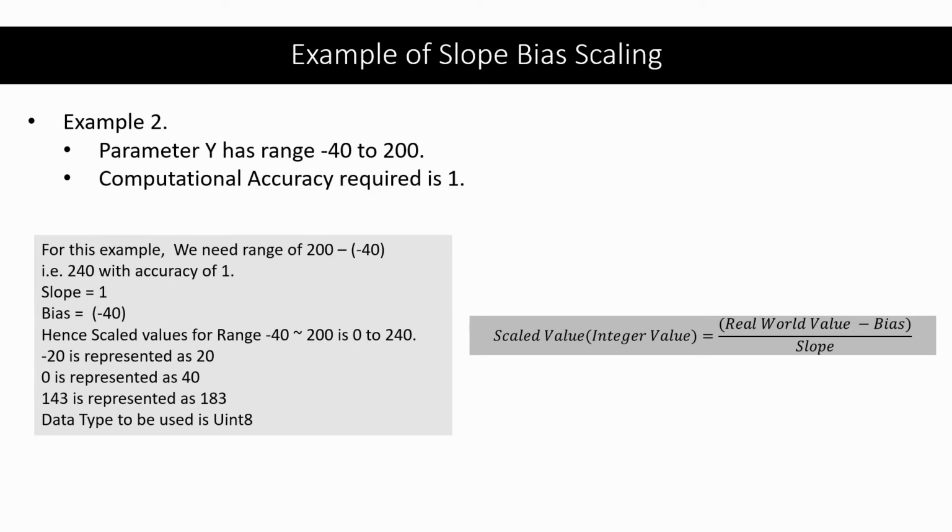Instead of starting this value from minus 40, we can start it with 0 and represent its range from 0 to 240. So in this case, minus 20 is represented as 20 and 0 is represented as 40. 143 is represented as 183, and as I said earlier, data type can be used as uint8.